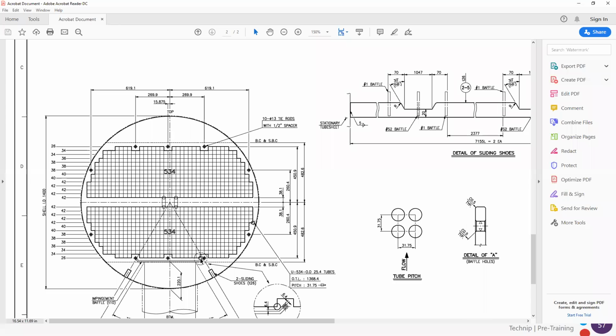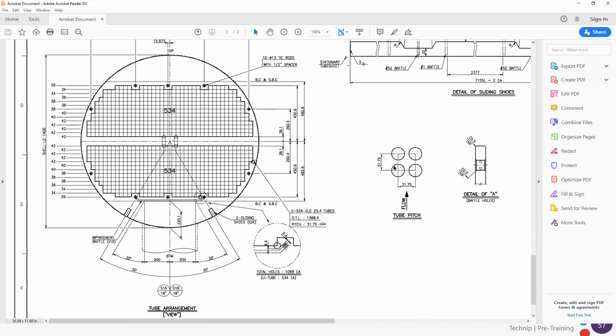We have the impingement plate located here, and enough space here to allow having a good velocity at inlet. The square type allows cleaning on the shell side.